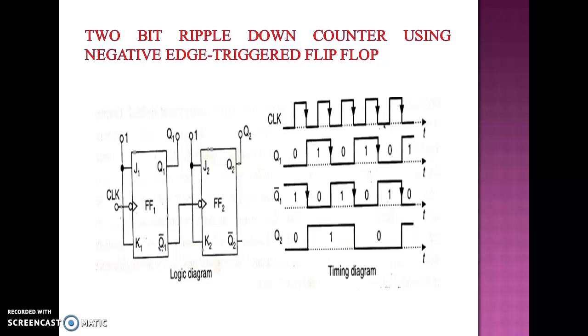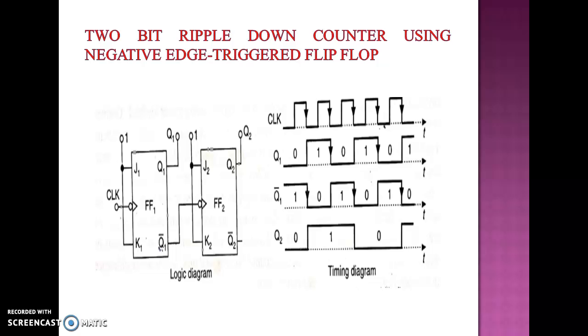Let initially all the flip-flops be reset. That means 0, 0. At the negative going edge of the first clock pulse, flip-flop 1 toggles. So Q1 goes from 0 to 1 and Q1 bar goes from 1 to 0.